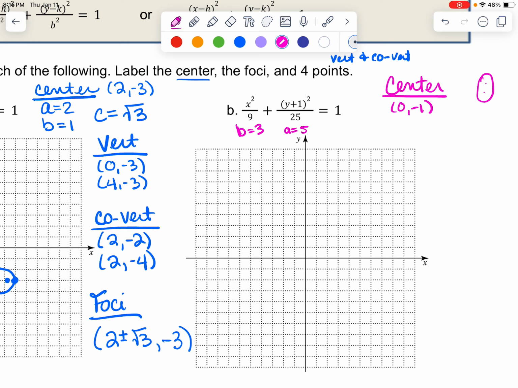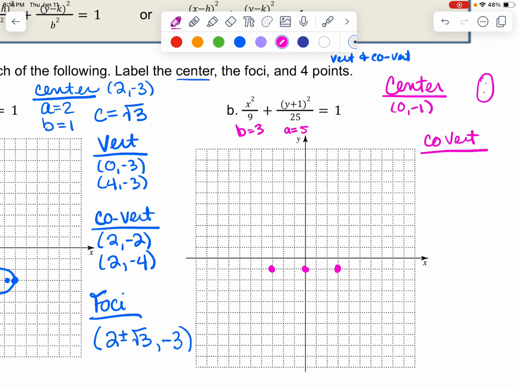So I'm going to start by finding my vertices and co-vertices, finding them off on the graph. So here's (0, -1). My x's go left 3 and right 3, and those are my co-vertices this time. If you find it in a different order, that's fine. Just make sure you label it properly.